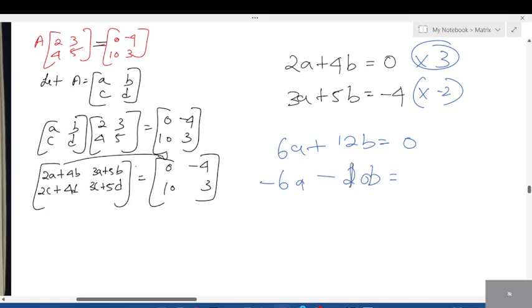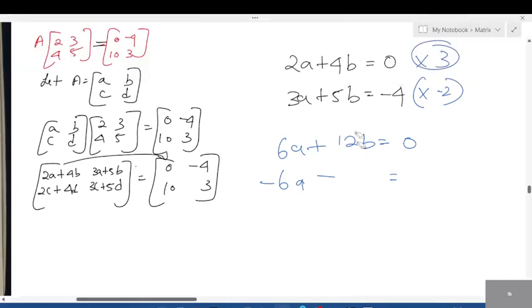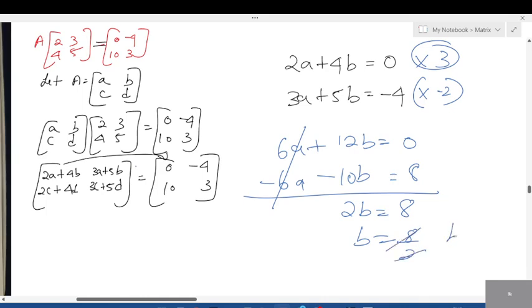Sorry, 10. Minus into minus plus 8. This gets cancelled. 12 minus 2 is 10, is 2B. 8 plus 8. What is the value of B? Equals 4. So we have found the value of B.